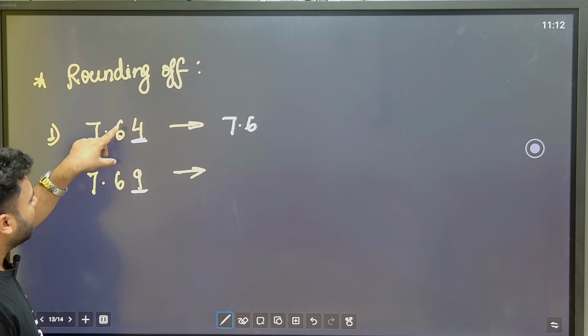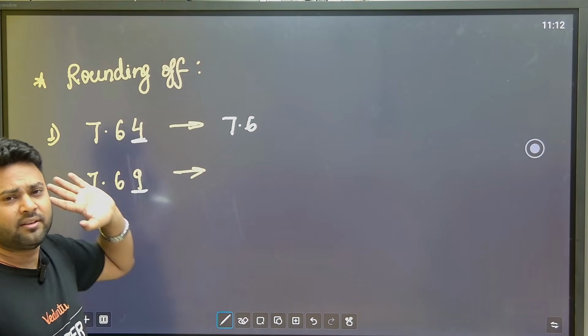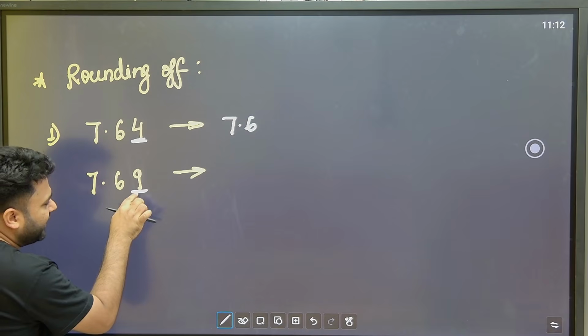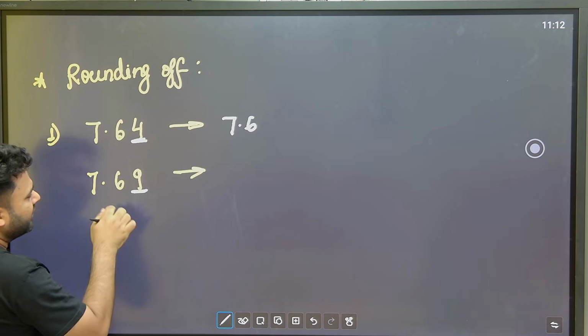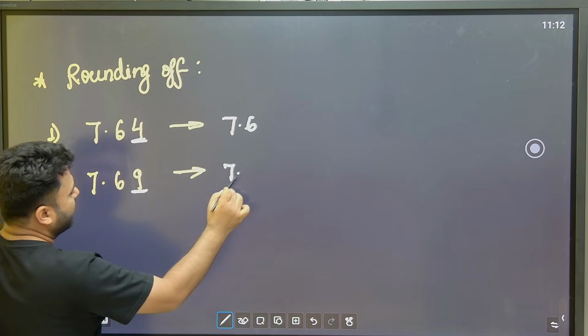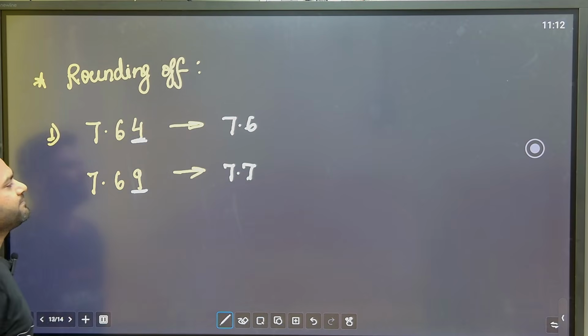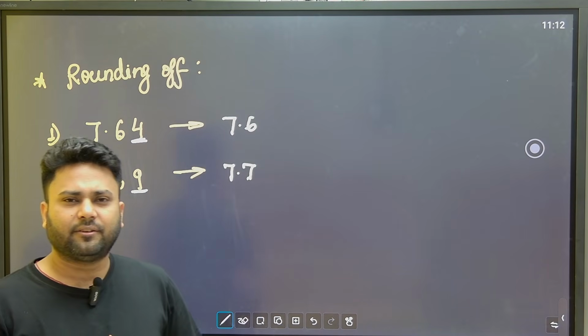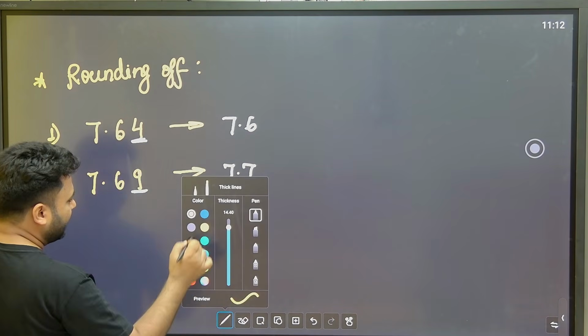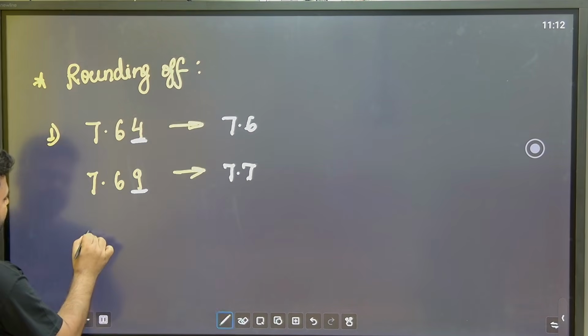But if the last digit is more than 5, then the previous digit will increase by 1. 7.7 this will become. Correct? Very easy. Now the problem comes, what if the last digit is exactly 5?